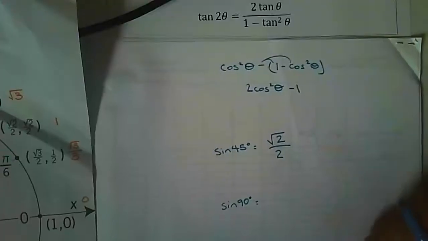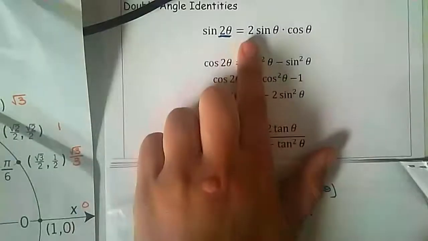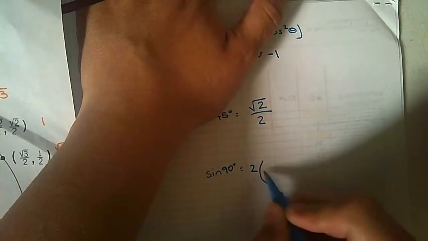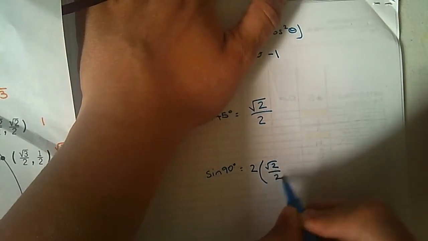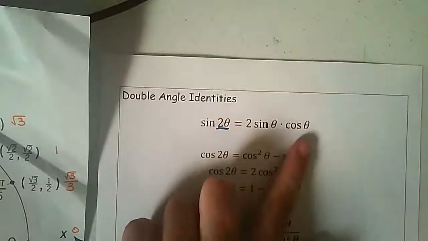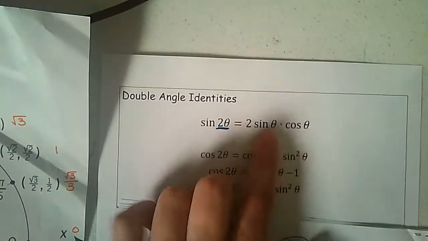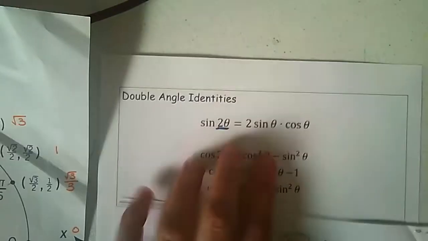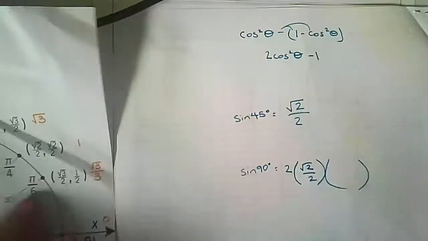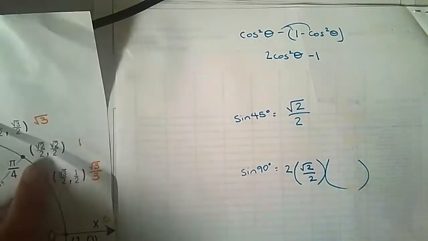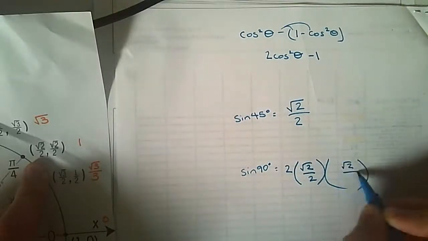So we're going to go ahead and plug that in. So our formula was 2 times the sine times the cosine. So we're looking at the cosine of 45 degrees as well because our theta was 45. So the cosine of 45 degrees is the square root of 2 over 2 as well.